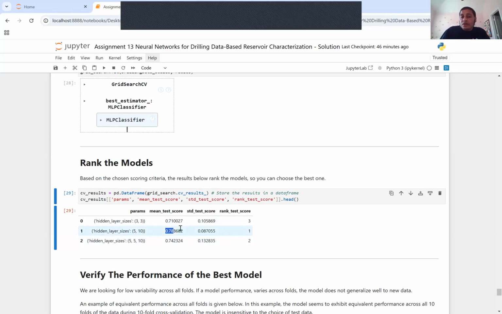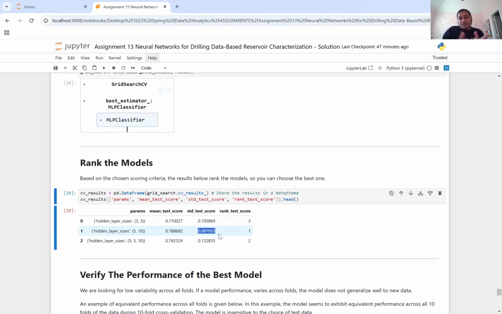So we not only want a high average test score, we also want a relatively low standard deviation in those test scores across each one of the 5 folds. And you can see that the model with 5 neurons in the first layer and 10 neurons in the second layer seems to do remarkably well.